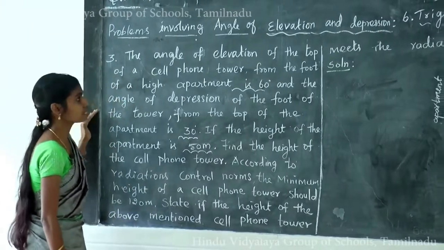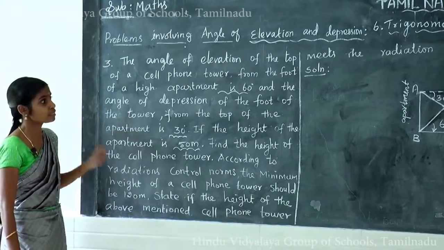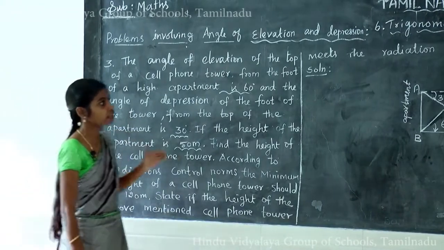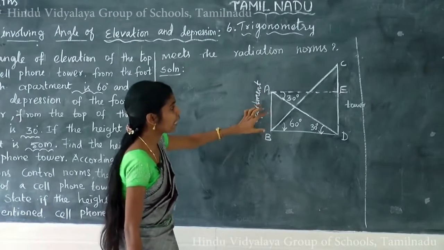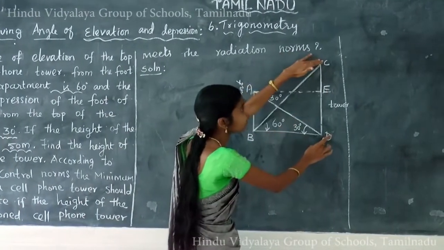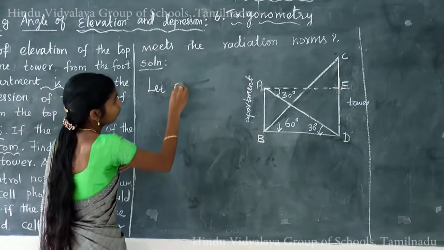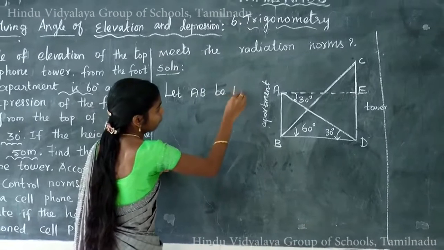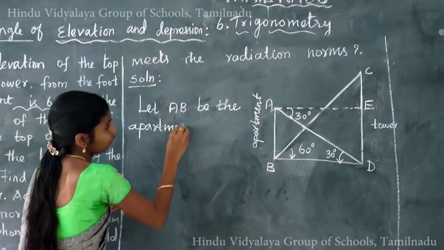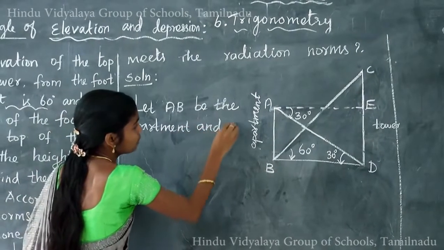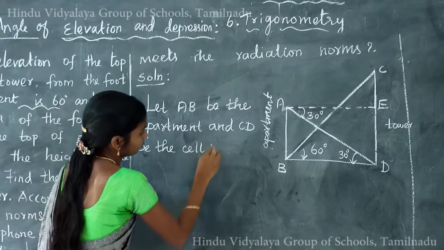So this question involves both angle of elevation and depression. First we draw a diagram. Here AB represents the apartment and CD is the cell phone tower. So let AB be the apartment and CD be the cell phone tower.